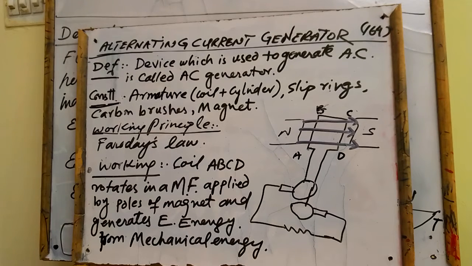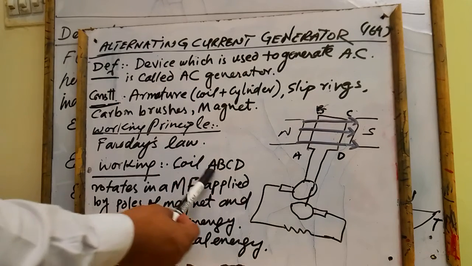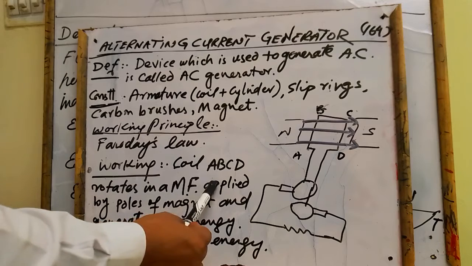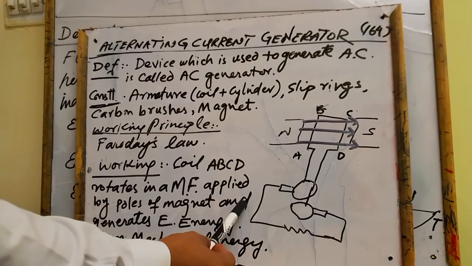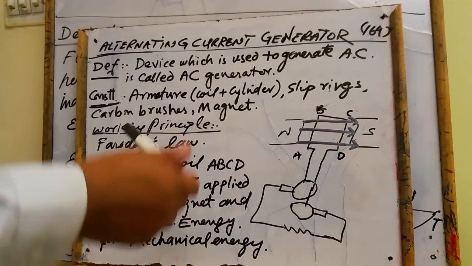That's why we call it alternating current or alternating voltage, because the direction of the current changes and the magnitude varies with respect to time because of the rotation of the coil. So, what is the working of the AC generator? Coil ABCD rotates in a magnetic field applied by the magnet as shown in the figure, and generates electrical energy from mechanical energy.